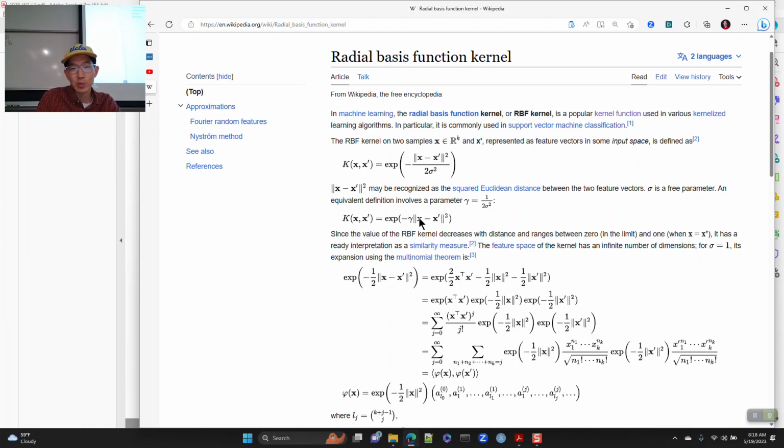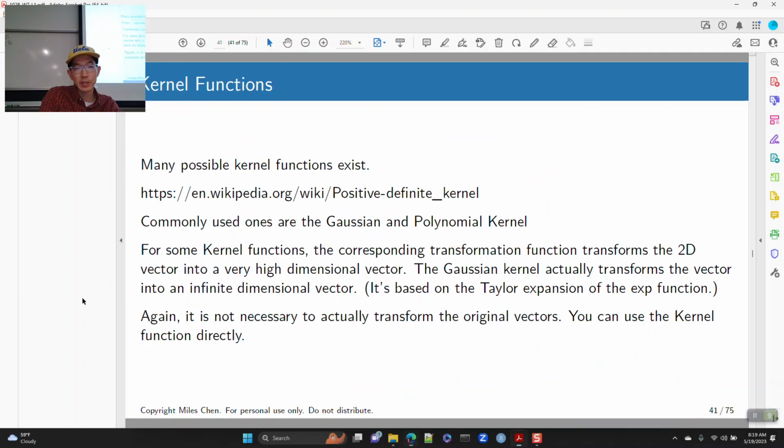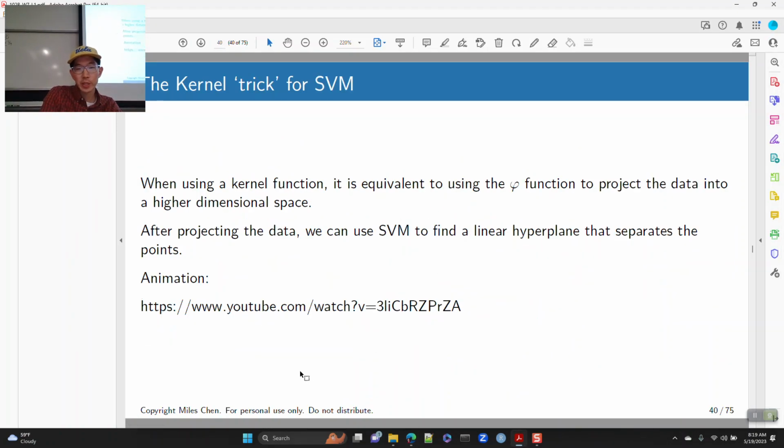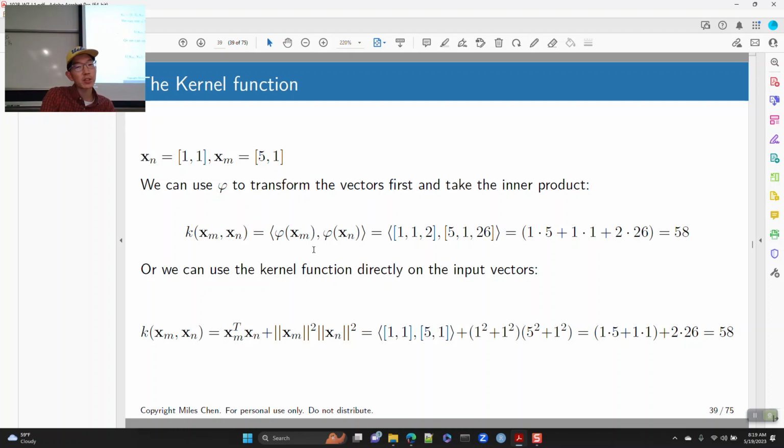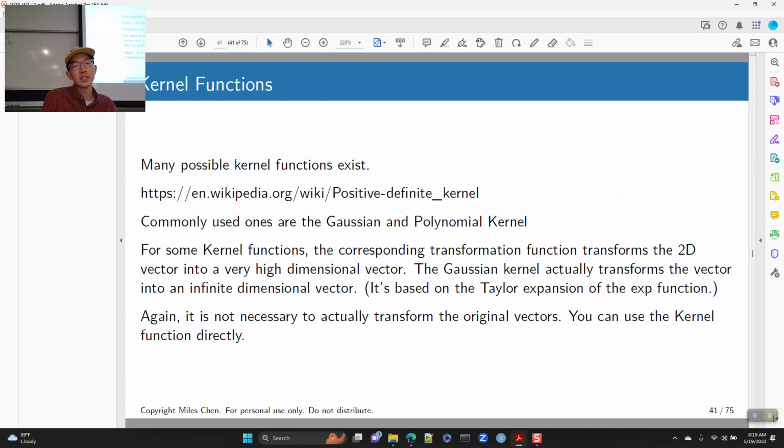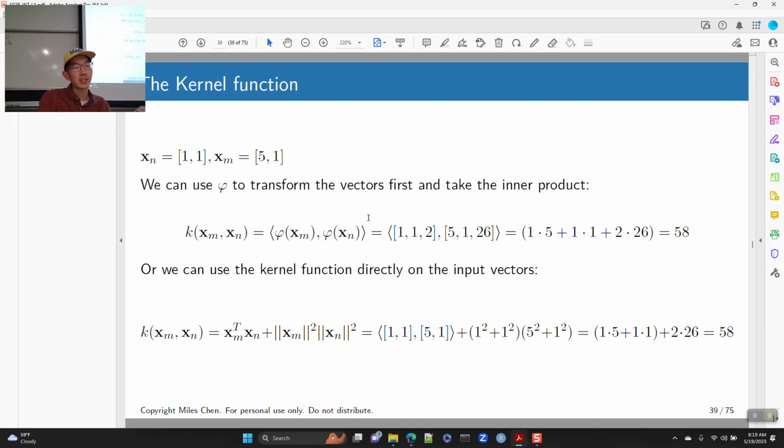So this would be the radial basis function kernel, and all of these kernels have some corresponding transformation function. They're equivalent to finding some transformation function and then taking the inner product. But you don't actually need to know what the actual transformation function is. It's nice to see that this kernel function has an equivalent transformation function, and if I transform into 3D and take the inner product, I get this, and I can get the same value here.